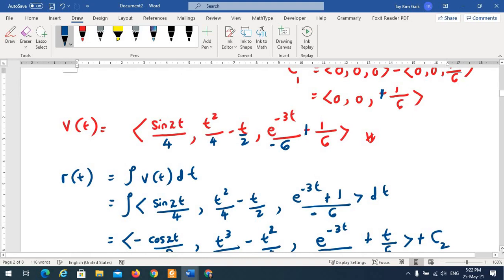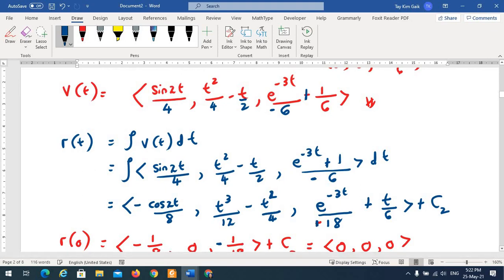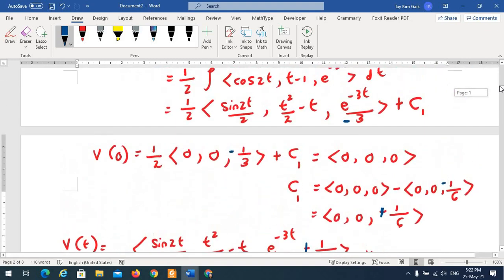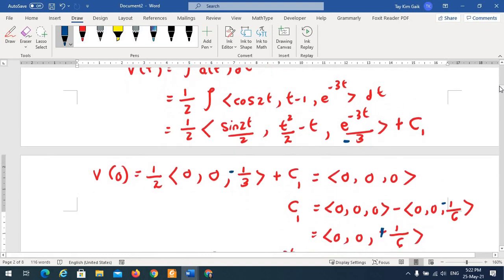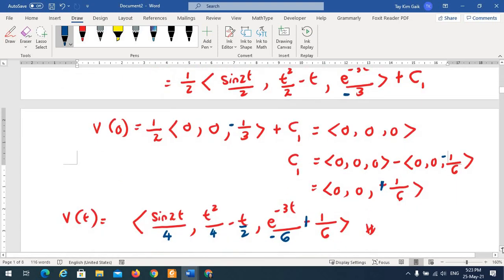So integrating e to the negative 3t over negative 6 divided by negative 3, this one becomes positive again. Initially the mistake here: integrating e to the negative 3t, you get e to the negative 3t divided by negative 3, times half, that's why for v(t) this part is negative 6.